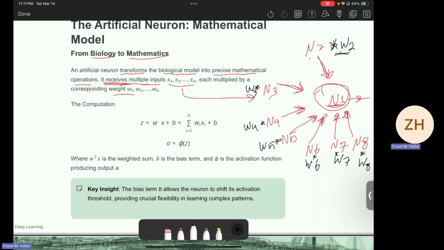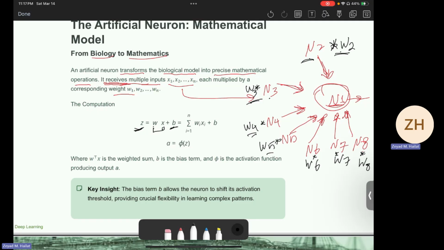Now, with this multiplication, the input to neuron 1 will be calculated in the form of what we refer to as Z. And this Z will be the weight of each neuron that we have as an input for N1 times the input, so W times X, plus B, which is the bias, some sort of bias or error.